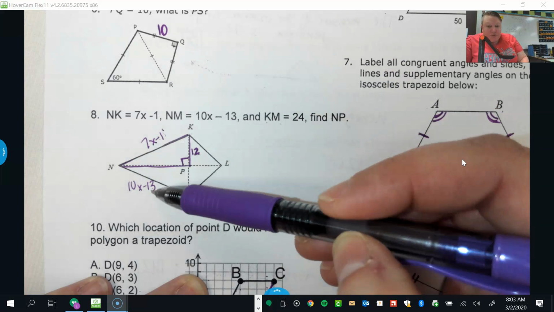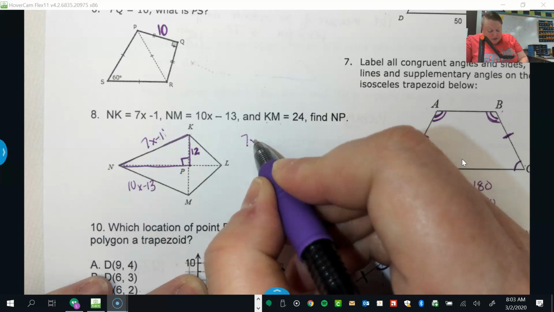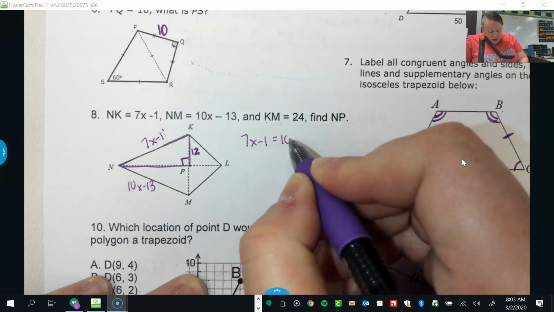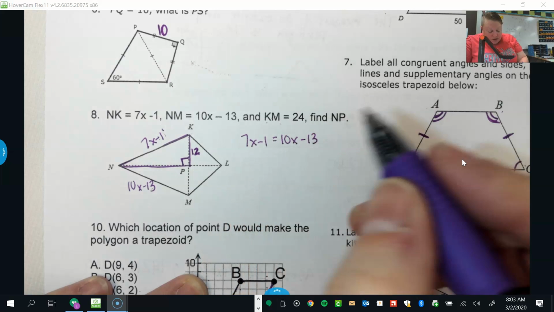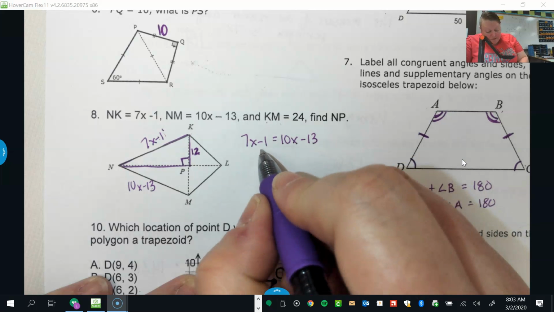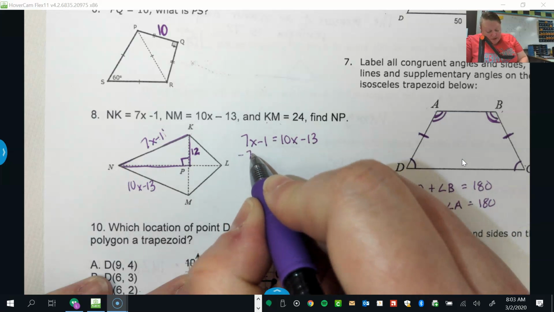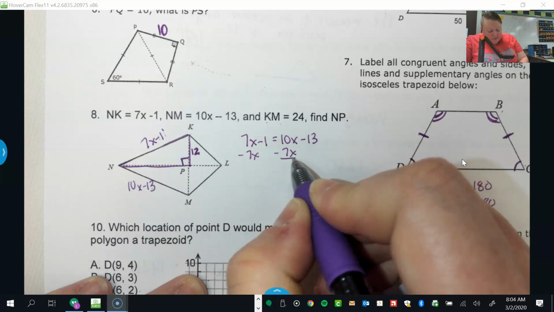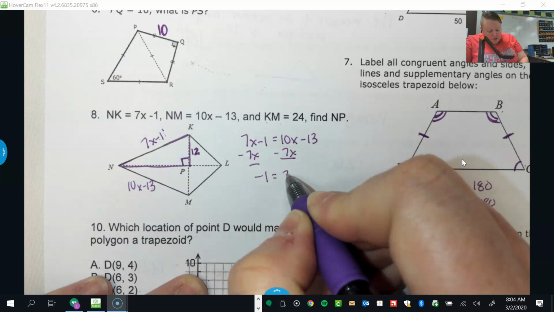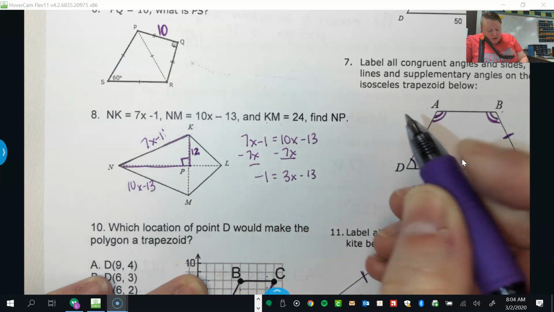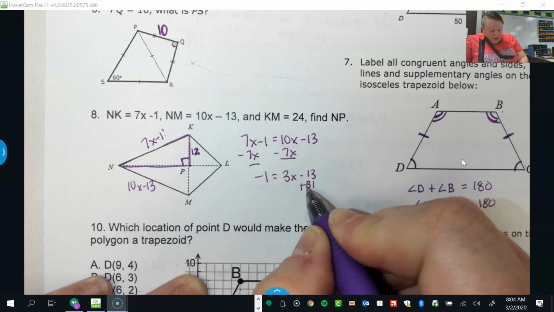I know that these 2 sides are congruent, so I'm going to say 7x minus 1 equals 10x minus 13. I'm going to move the 7 because it keeps things positive. So negative 1 is 3x minus 13. Then I'm going to move the 13 to the other side.